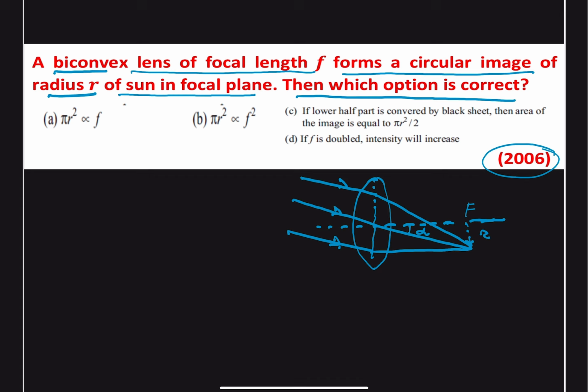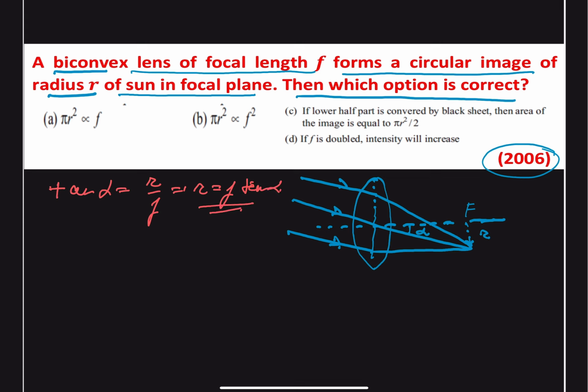So I can write that tangent of alpha is equal to r upon f. So this gives us that r is equal to f tan alpha.